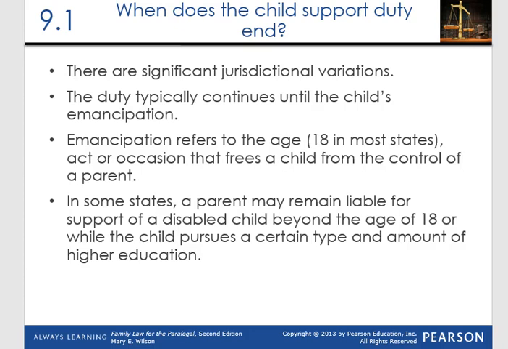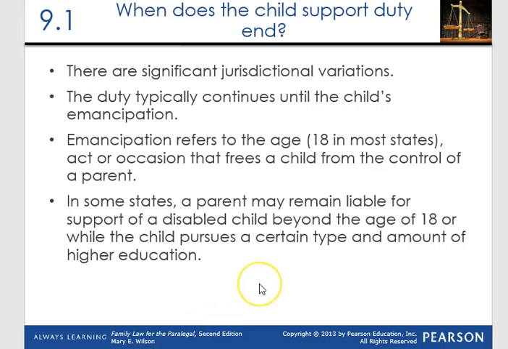If we have an 18-year-old child who is still in high school, for example, emancipation doesn't occur until the child has graduated high school, because the residential parent, the custodial parent, still has an obligation to continue to support that child through high school. So if the child turns 18 in January, the duty of support will continue until the child graduates high school.